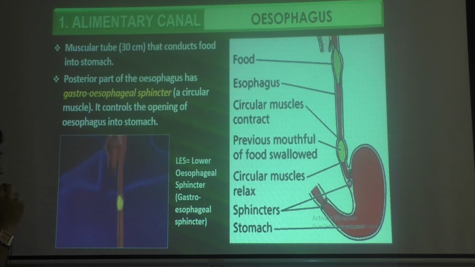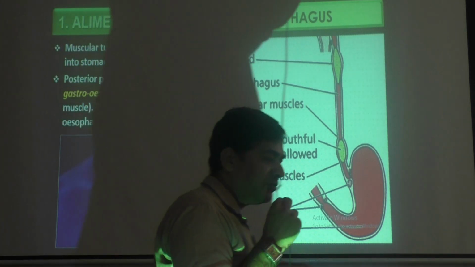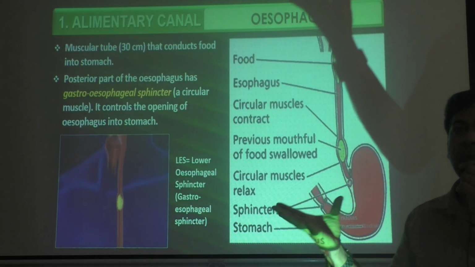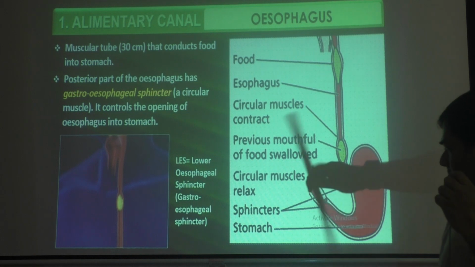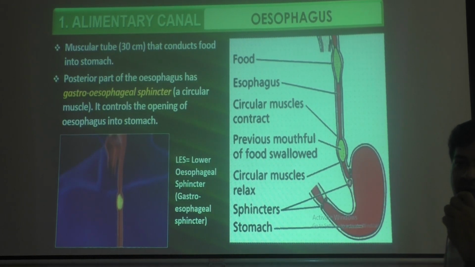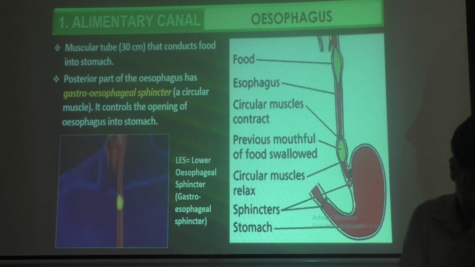Sphincter is a circular muscle. It controls the opening of the esophagus into the stomach. Like I told you, if food from the esophagus has to go to the stomach, that sphincter muscle should open. Only then can food go to the stomach. Otherwise, it cannot go.